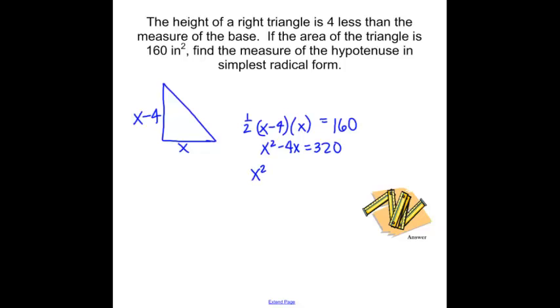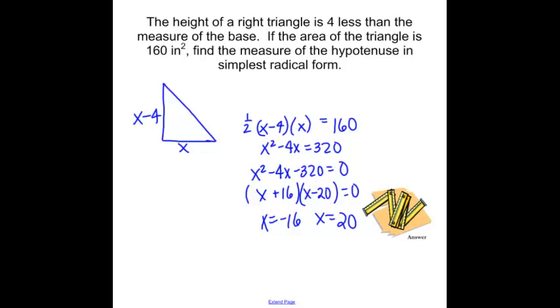So x squared minus 4x minus 320 equals 0. And then I'm going to factor that, hopefully. And I get (x plus 16) and (x minus 20) if I work out that factoring. So x would be -16 and x equals 20.